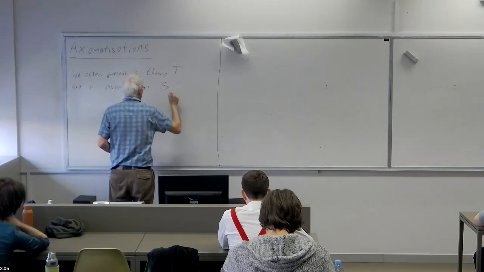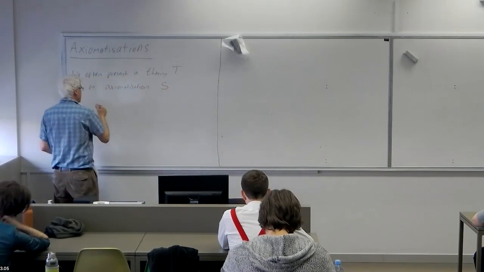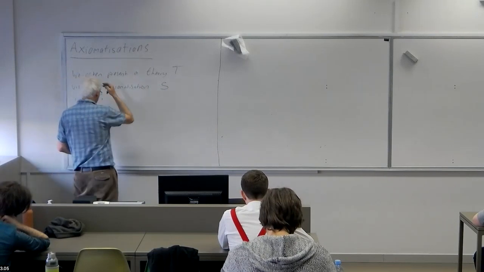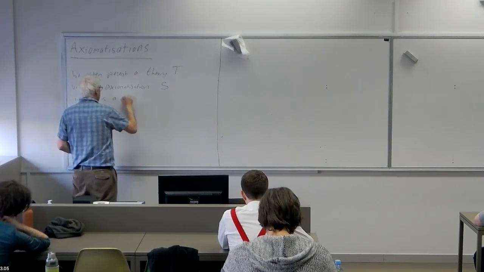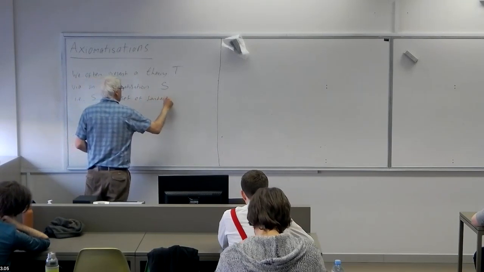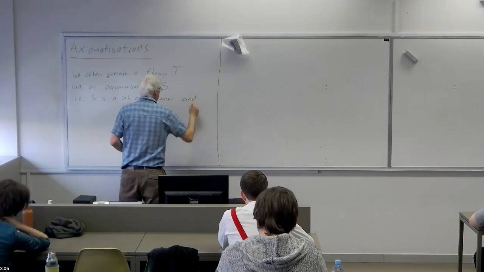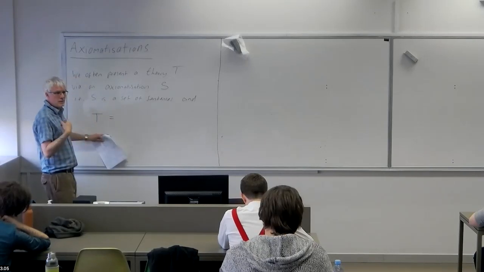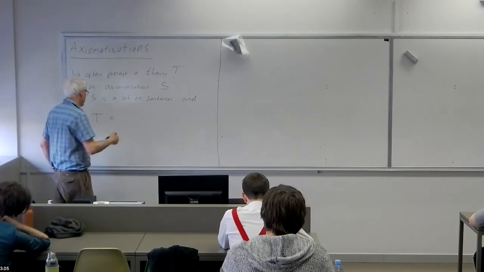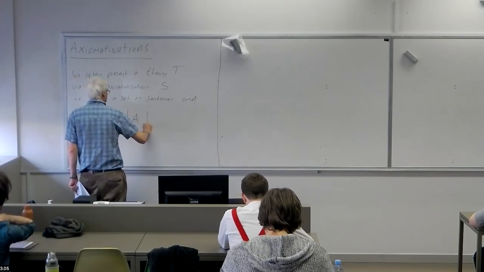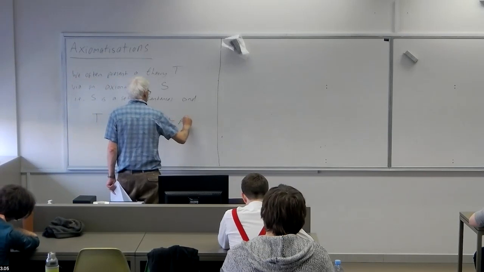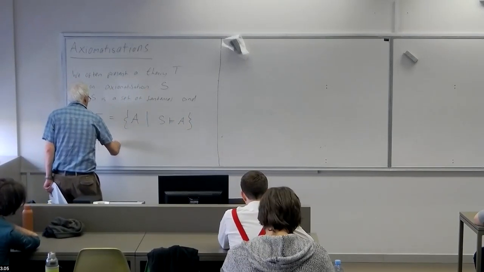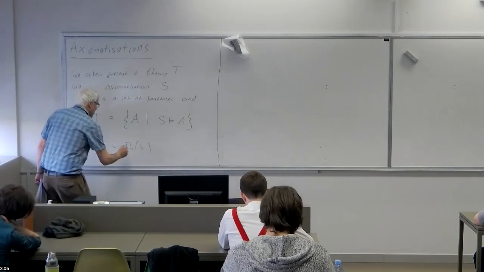S. So in other words, an axiomatization has a set of axioms, i.e. let's not put this in brackets because this is important, i.e. S is a set of sentences, necessarily a subset of T, which will follow from the next thing, and T is a theory which is all the logical consequences of the axioms in S. So T is the set of those sentences A, such that A is a logical consequence of S. I think we might have had this notation in lecture 2.